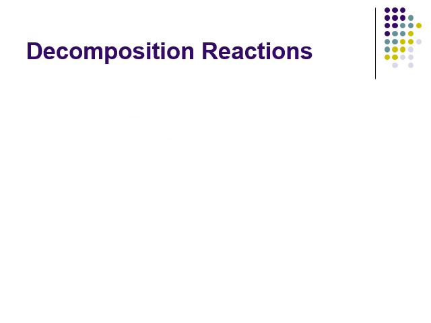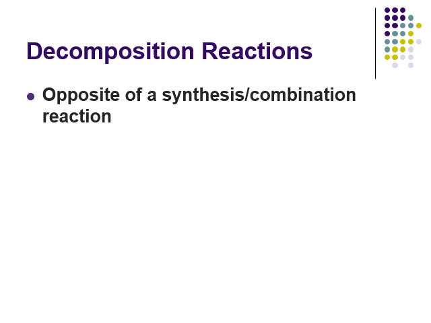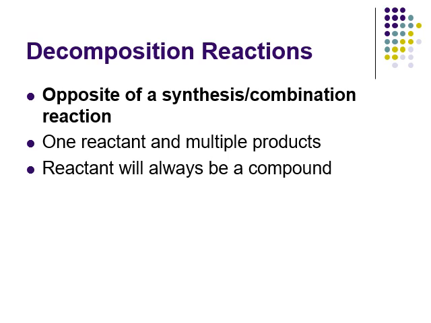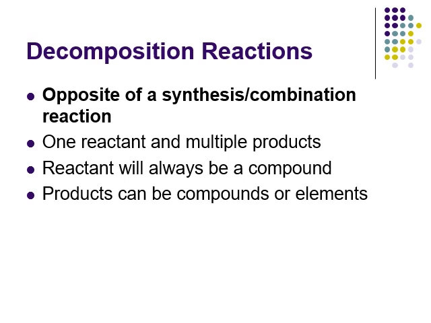Decomposition reactions are going to be our next type of reaction, and they're really the opposite of a synthesis reaction. So what we're going to see is one reactant, multiple products. If you see a problem that says complete and balance, and you only see one reactant, you know it's decomposition. Now, again, the reactant will always be a compound. The products can vary.